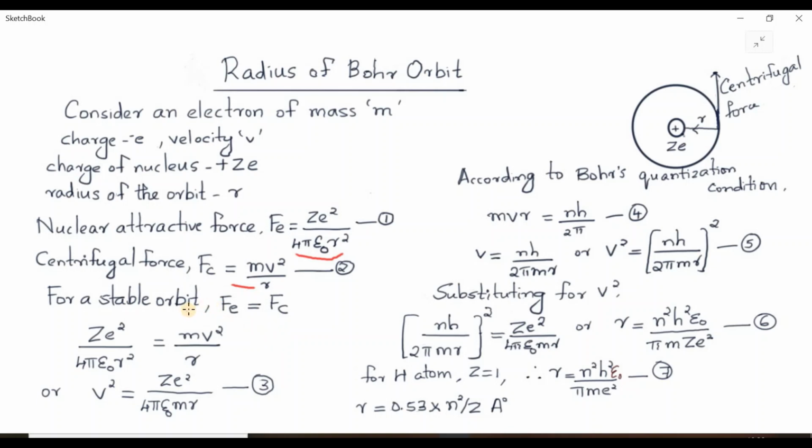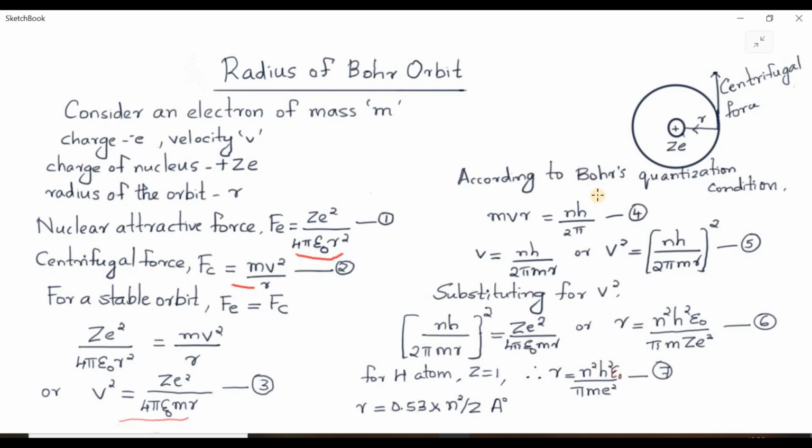That is, for a stable orbit, Fe should be equal to Fc. So equating 1 and 2, we get Ze square by 4 pi epsilon naught r square is equal to mv square by r. From this we get v square is equal to Ze square by 4 pi epsilon naught m r.